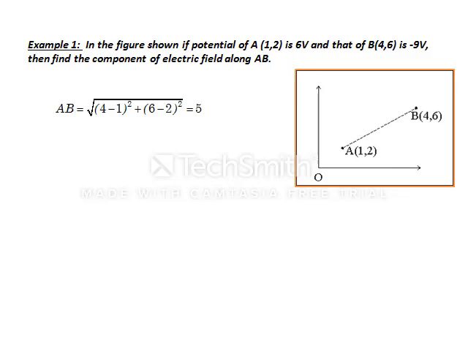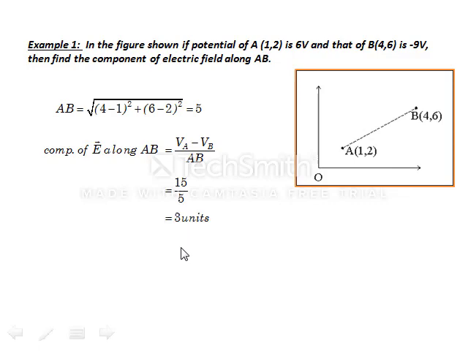Anyhow, we have to find the component of field in this direction. The formula for this component of field along AB should be VA minus VB divided by this distance AB. VA is 6, VB is minus 9 and AB is 5. So 6 minus (minus 9), 15 by 5.